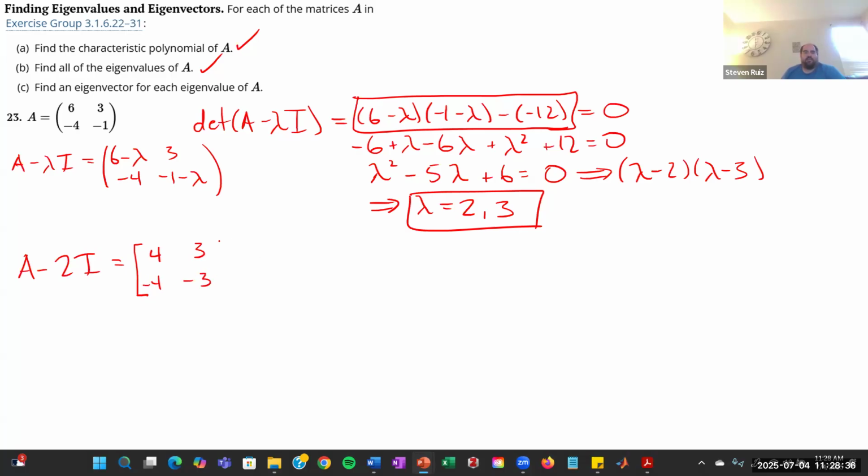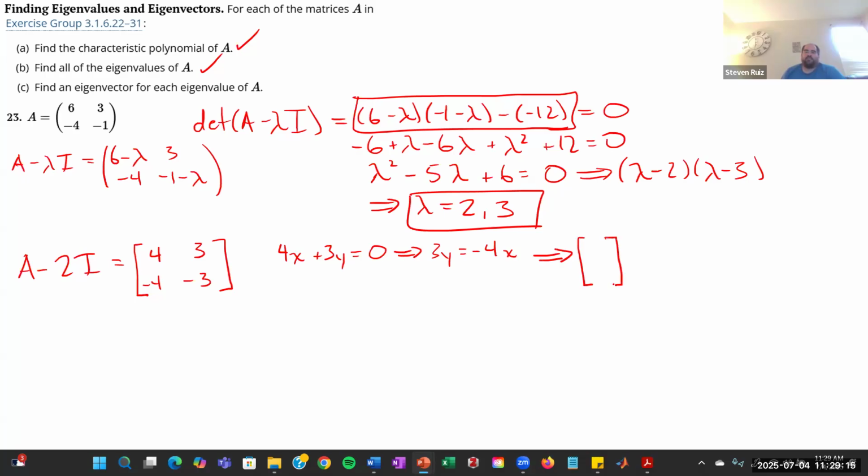All right, so these rows are essentially multiples of each other. Let's get an eigenvector here. What this top row says is 4x plus 3y equals 0. So 3y equals negative 4x. That implies this eigenvector.